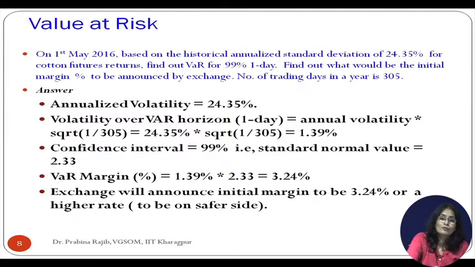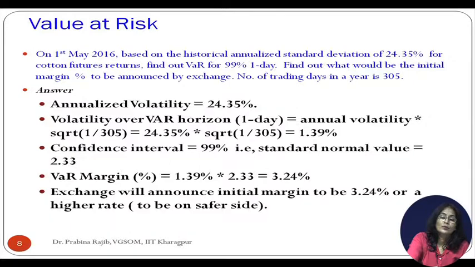You can download the futures price from the exchange website and find out the continuous compounding return, that is ln of PT by PT minus 1. So today's price by yesterday's price, the natural logarithm of that will give you the continuously compounded daily return, and you can find out the standard deviation of that series and multiply it by the square root of 252.